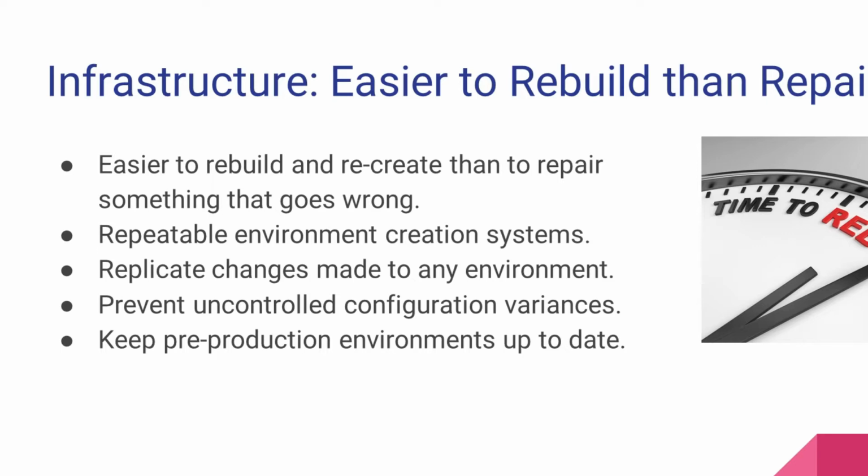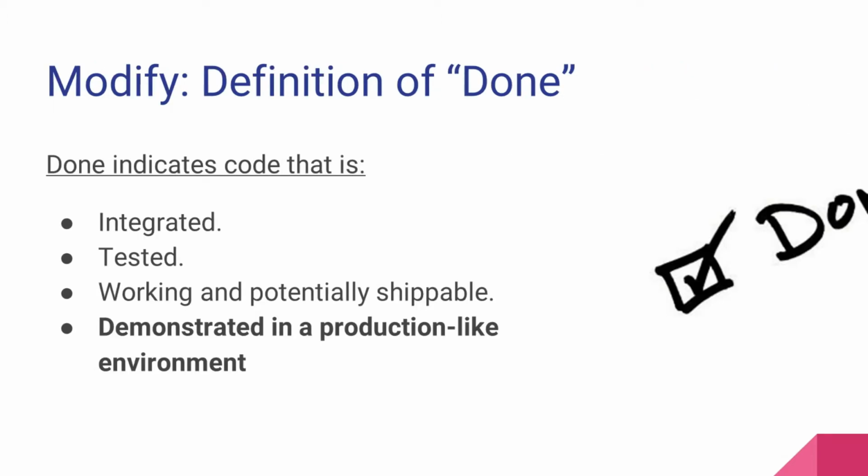These changes need to be made automatically. And to prevent uncontrolled variances, you can disable remote logins to production servers or routinely kill and replace production instances. Keep pre-production environments up to date to find problems at the earliest part of the life cycle. Now, this means that we need to modify our definition of what done is.